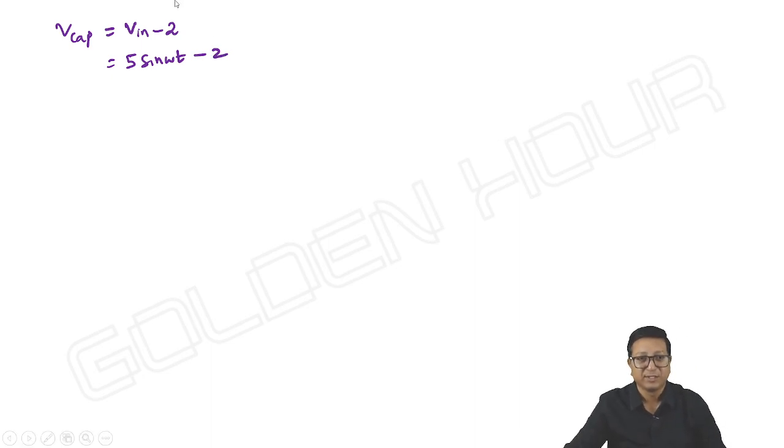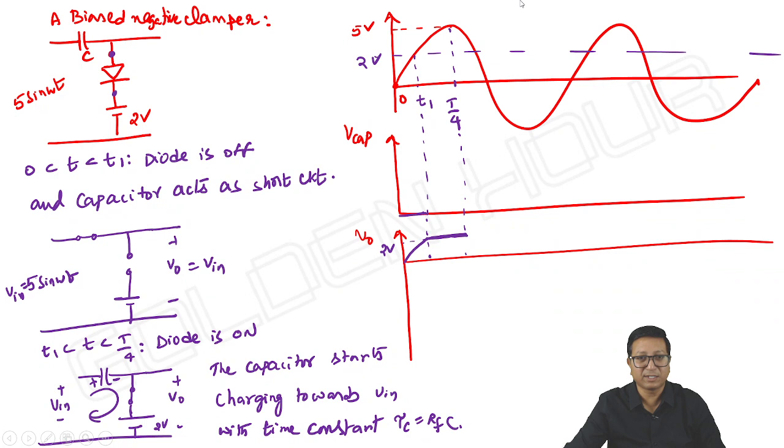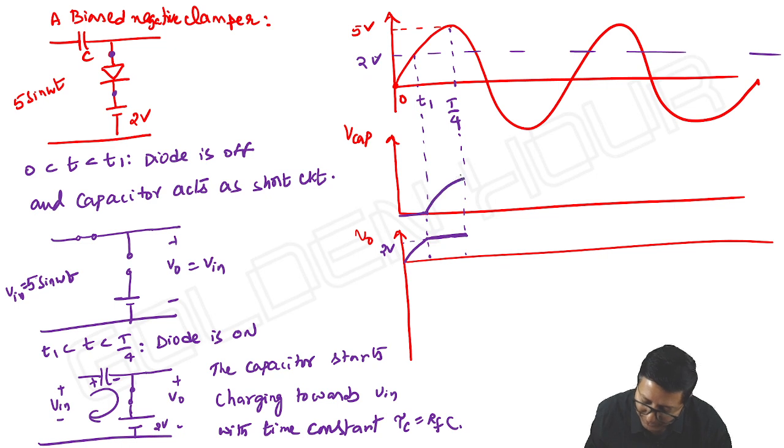This is true only during the interval t1 to T by 4. At t equal to T by 4, the input is 5 volts and V capacitor is equal to 5 minus 2, 3 volts. The capacitor will charge up to only 3 volts.